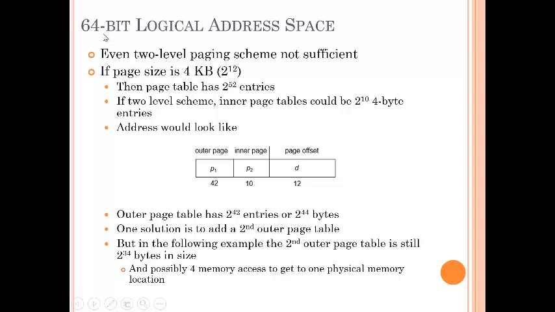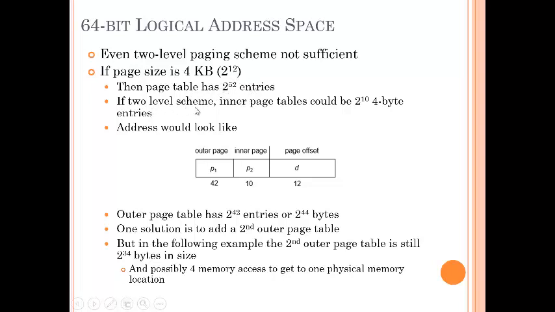If we talk about 64-bit, right now we are using 64-bit logical address space systems, right? So even 2-level paging is not sufficient. The reason is, if we talk about page size, our page size is 4 KB, then it requires 2 raised to 52 entries.